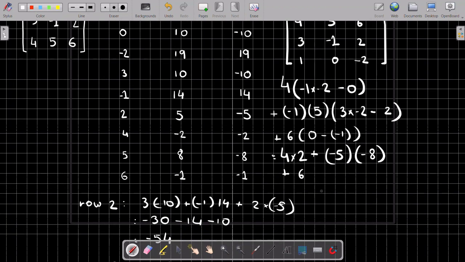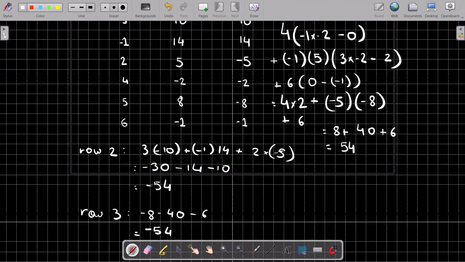Now if we add this all together, we get 8 plus 40 plus 6, which is equal to 54. Exactly the opposite of the original determinant. As you can see over here, I didn't erase the determinant calculations from the first bit. Minus 54 and 54. This is the confirmation of property number 2.